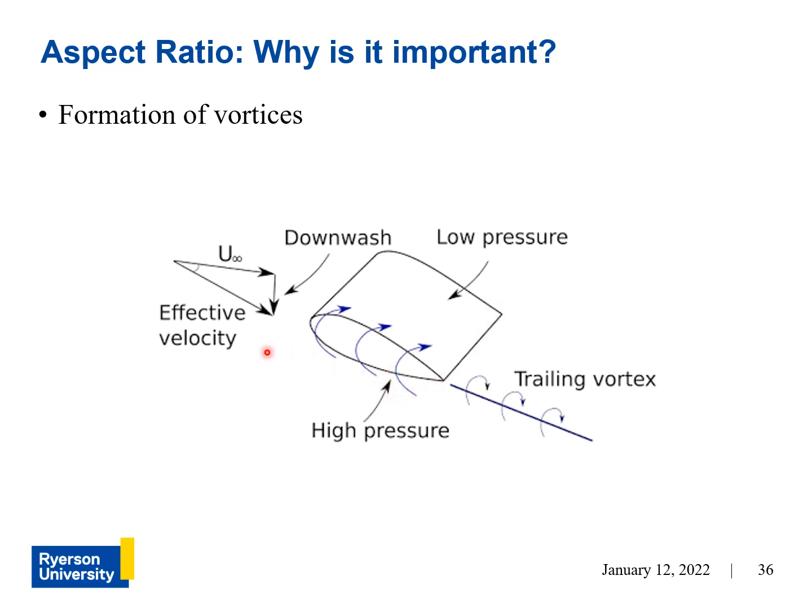Now for a 3D wing, air at the tip tends to escape from the higher pressure region to the lower pressure region, and it forms this sort of circular arc.